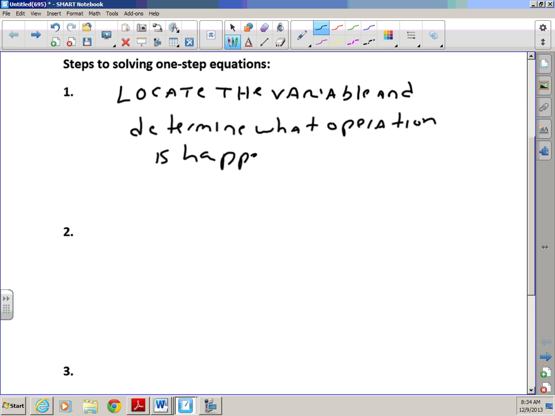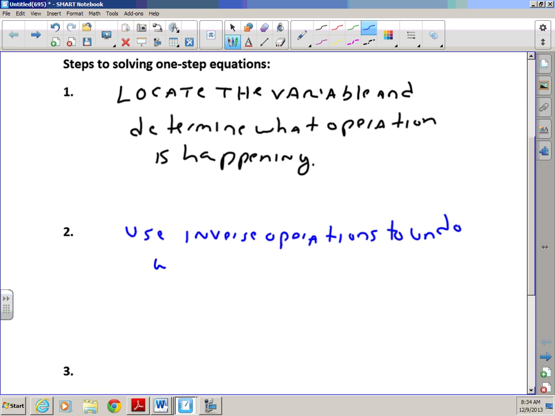And as you recall, when we talk about an operation in math, we're talking about adding, subtracting, multiplying, or dividing. Those are the most common. We're going to use inverse operations to undo what is happening to the variable.